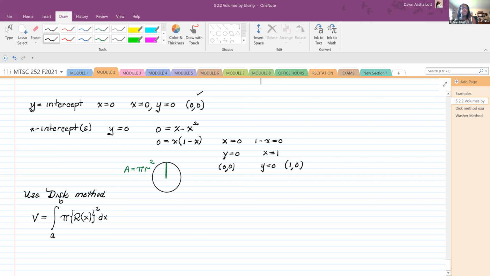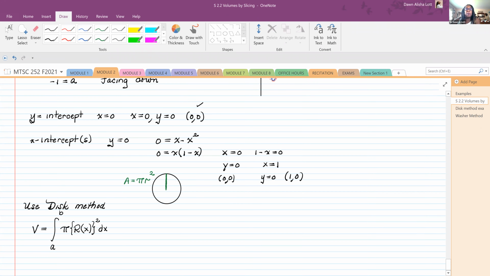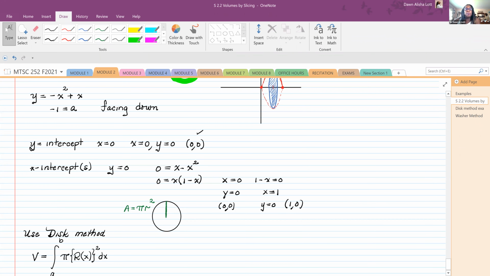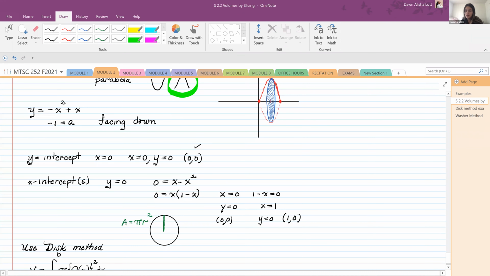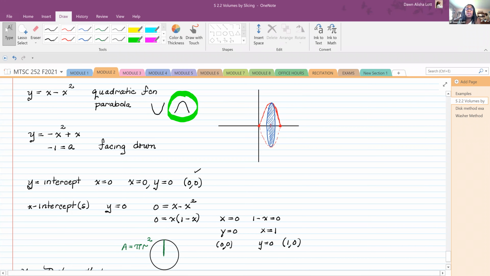Okay, so now you need to tell me what the radius is. That would be our f of x, like our function.